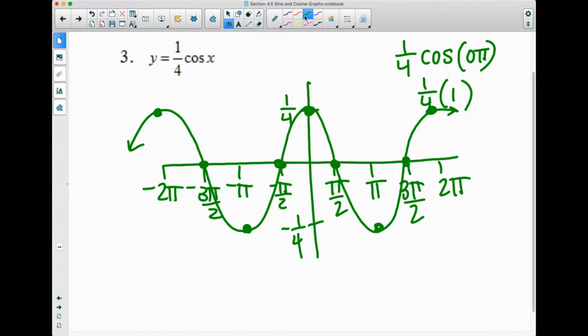But I can denote that by just making sure my y-axis shows that. Okay? So amplitude change really doesn't do a whole lot. It's when we get into the period change of the function and then phase shifts left and right. Okay? Any questions so far?